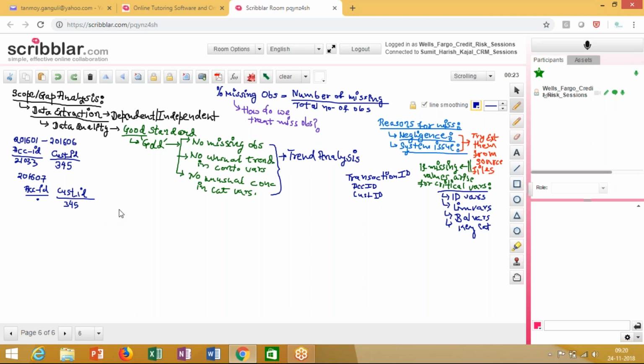Now an ID variable is an identification variable, and we cannot impute it by anything else. So what we need to do is go back and check why this ID value is missing.